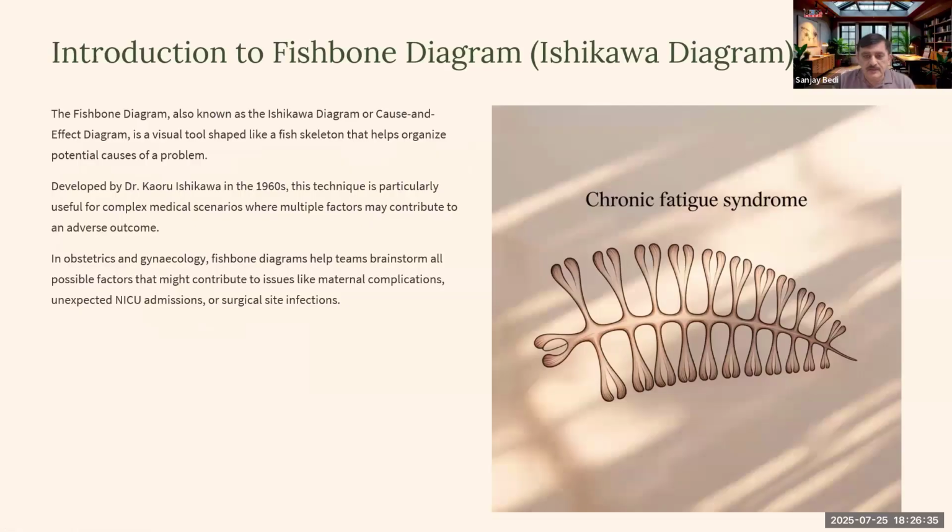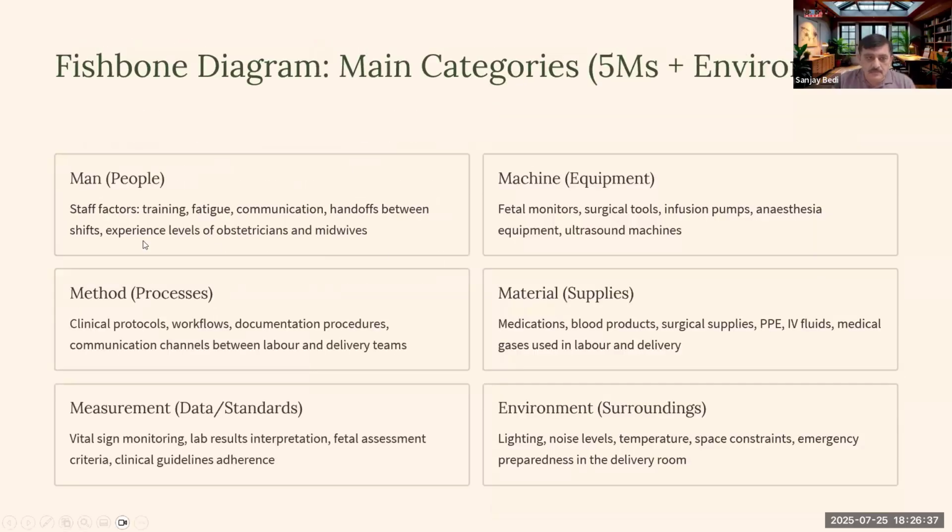In the fishbone, there are staffing factors, the method, the clinical protocols, workflows, documentation procedures, measurement, vital sign monitoring, lab results, the machine, the material, the supplies. All these are there in the fishbone. And on a single page, they figure out what went wrong.